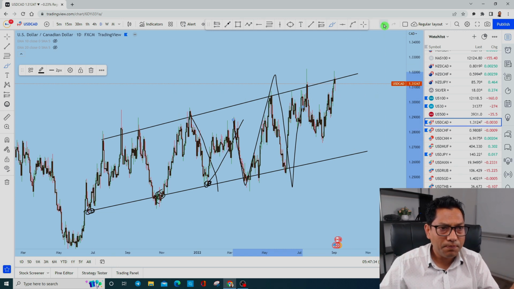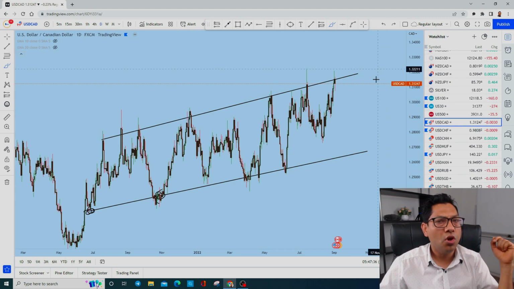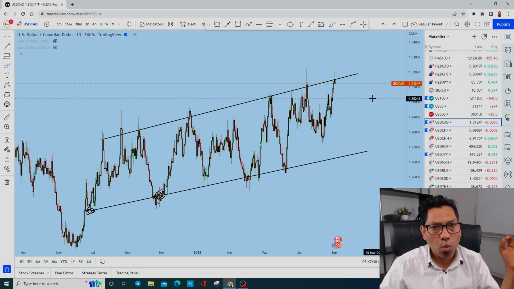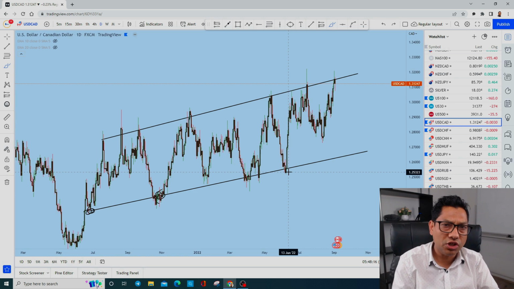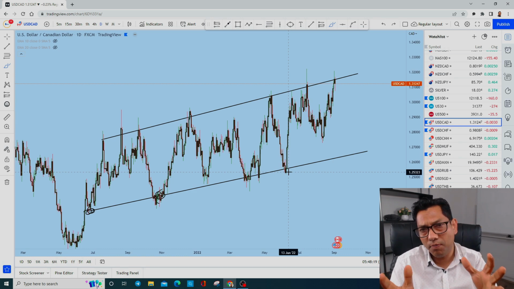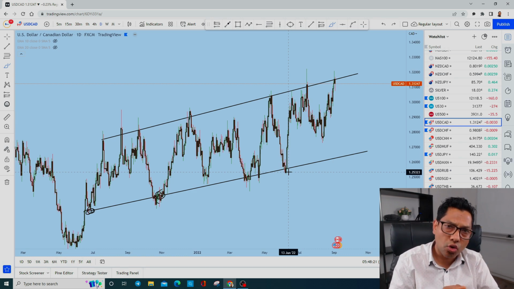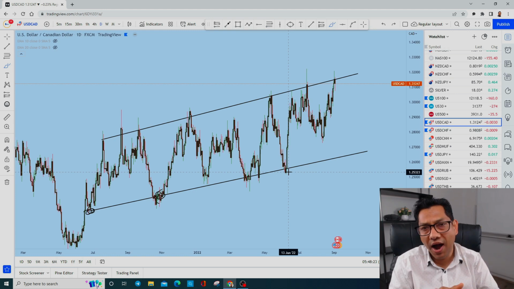So this is a simple understanding of a channel: when you identify a channel, wait for the price to reach the top, sell once you get a clear signal, and buy at the support when you see a clear signal. This is how you will do the technical analysis. You will make your trading decision based on what kind of market this is, who is in control, and where you can buy and sell in the market.